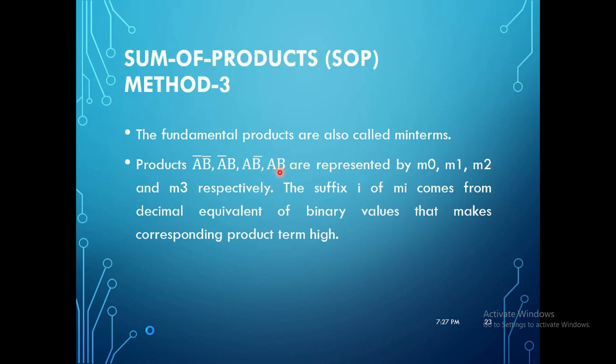AB in binary values is 1, 1. What is 1, 1? 1, 1 stands for the value 3, so the decimal equivalent is 3. That's why you get these product values as M0, M1, M2 and M3.